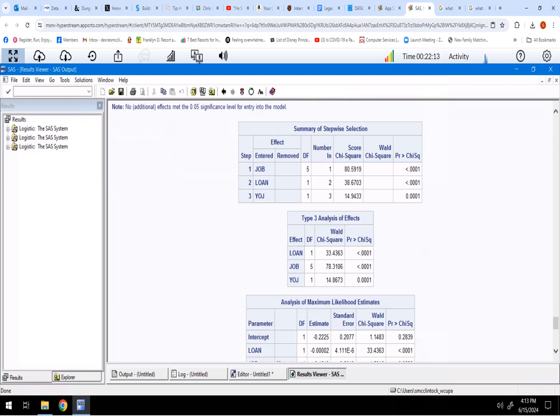The three variables that are in our model based off that stepwise regression process are what type of job, how much the loan was for, and how many years you have been at your job. So of the variables we worked with, which admittedly is only a portion of the variables in our data set, these are the three significant variables.